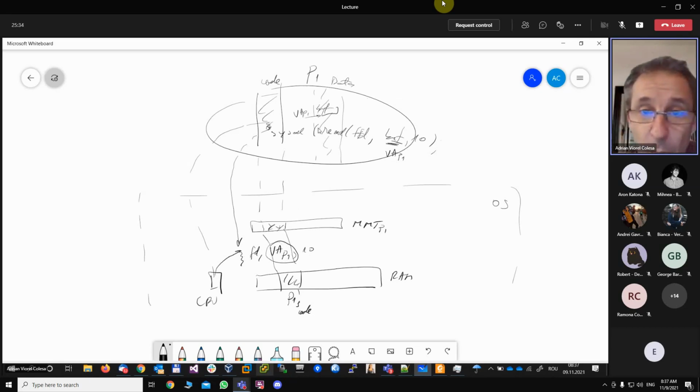But what happens if such an address is invalid? So instead of pointing here, it points somewhere here, into an unmapped area. Pay attention when the system call is called. When this read is performed, the CPU running inside the process will not try to access that buffer, that address.